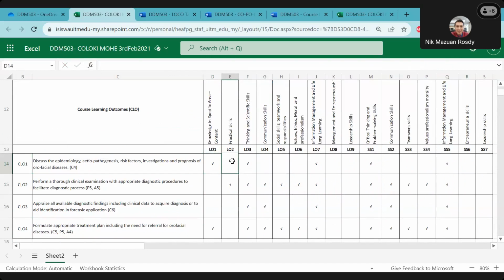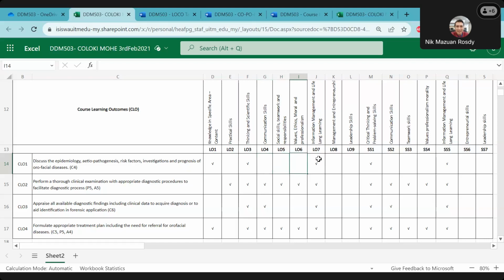Definitely dia bukan practical because dia C. Thinking and scientific skill boleh, okay. Communication tak boleh because dia lebih kepada behavior and all. Social skill pun tak boleh. Values, ethics, moral and professionalism tak boleh. Dia kena tunjuk cara dia berkomunikasi, cara dia response. That is communication. That is professionalism, ethics and moral.